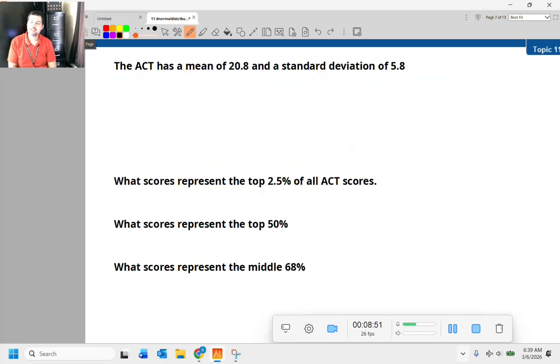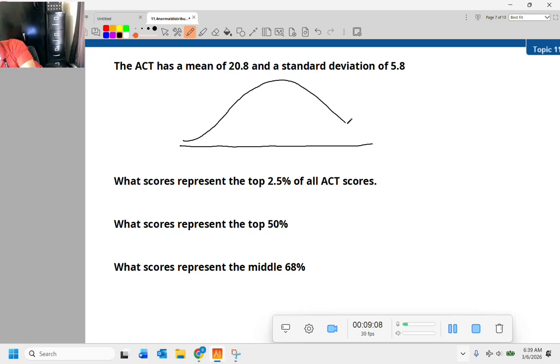All right, the ACT has a mean of 20.8 and a standard deviation of 5.8. All right, let's write it out. Draw that thing, man. Put the mean in the middle, 20.8. And then we add 5.8, possibly all the way to an unrealistic score.